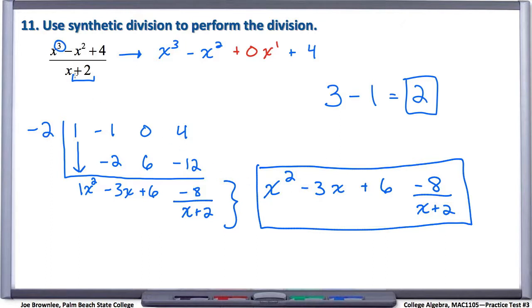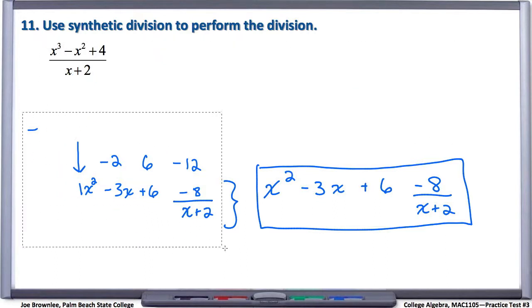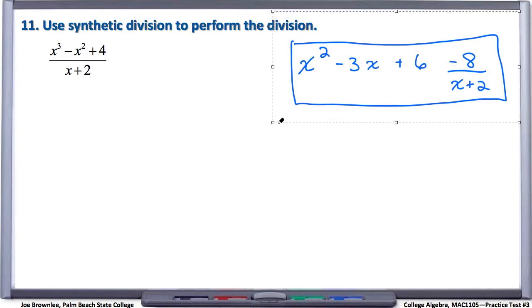All right, so I'm going to go ahead and get rid of everything else on the screen except for our answer there. And I'm going to move this up here just a little bit to give us some room. All right, so we're claiming that this is our answer. This is our quotient. So what we can do to check ourselves is take our original divisor, x plus 2, and multiply that divisor by what we got as our quotient.